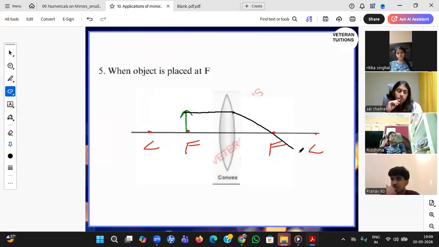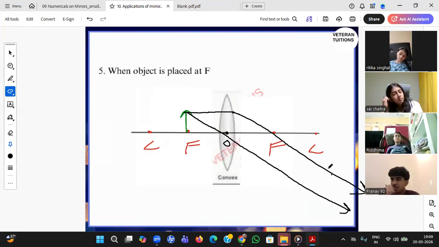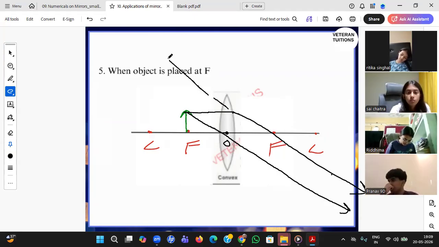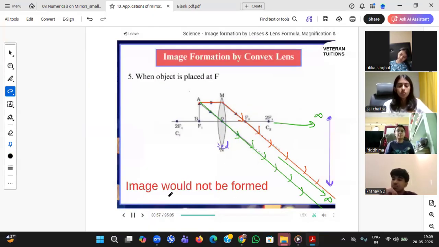It should pass through the focus. Take another ray, generally the fourth ray. It is the optical center ray; it goes undeviated. Now you can see, sir, 2 parallel rays can never meet. They will not form the image. Sir, why don't you extend backside? Let me extend backside. Again I got confirmed: backside also they are parallel. The image will not be formed. That is what you need to show.